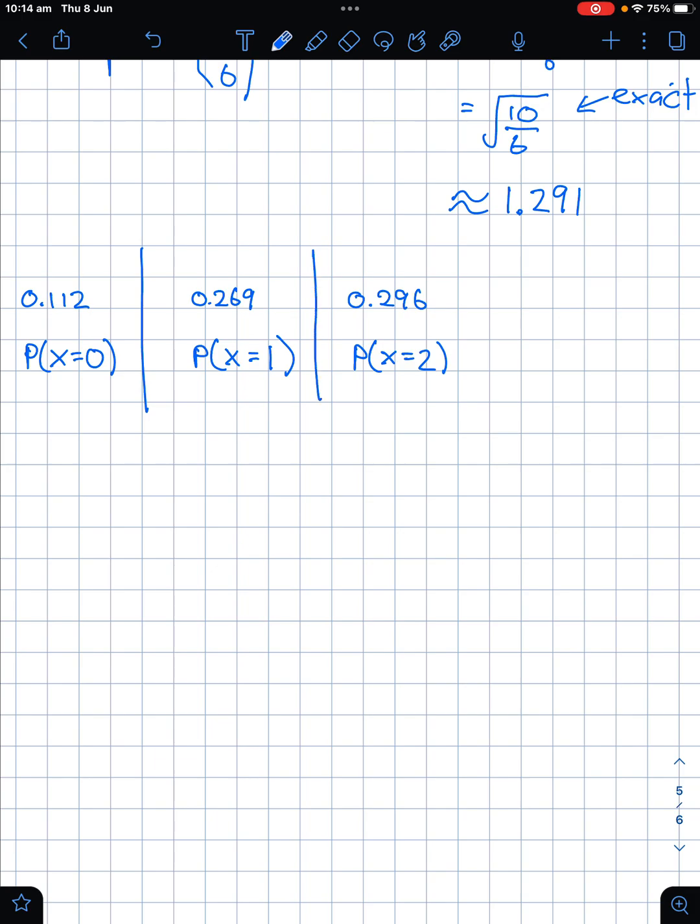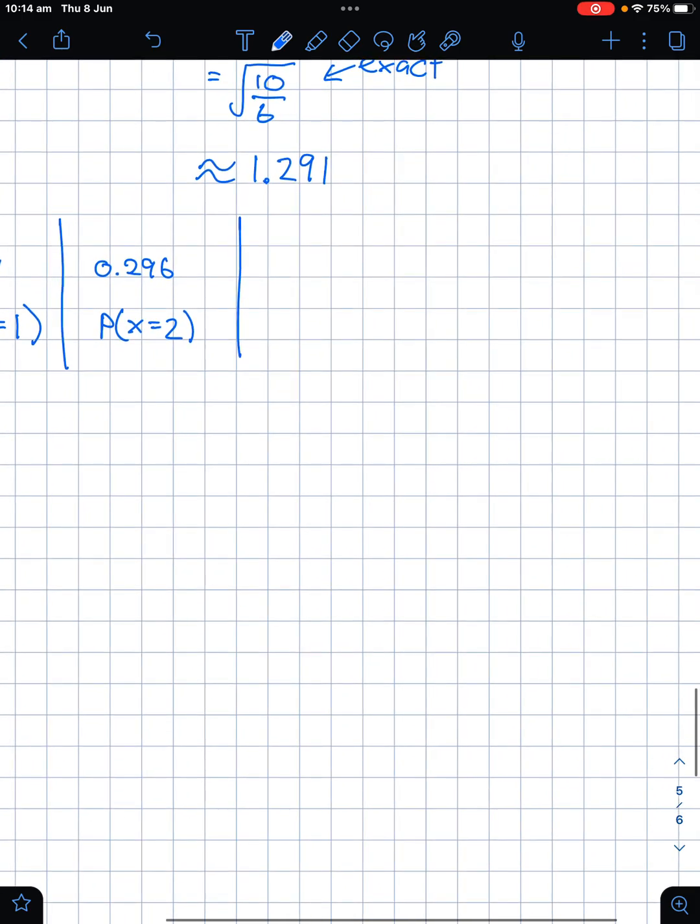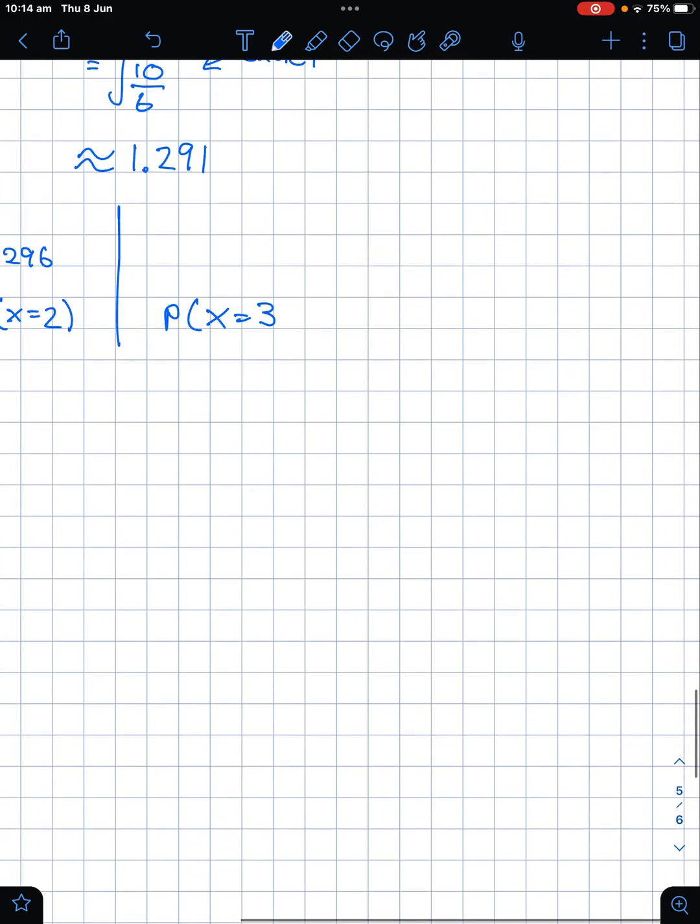Then the probability of x equals 3 is 0.197, and we see this starts to drop. For x equals 4, the probability is 0.088.